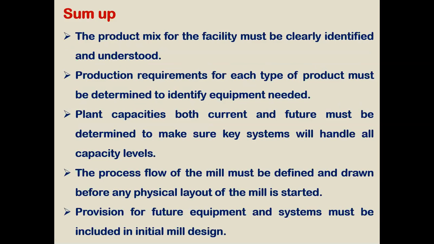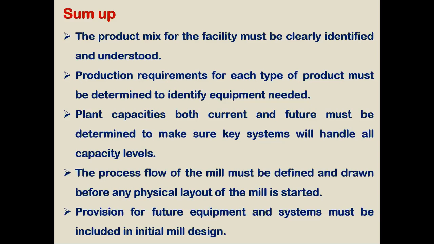So lastly, in this familiarization of the feed mills layout and designing, I would like to sum up the presentation of this particular topic: the product mix for the facility must be clearly identified and understood. We should understand first how the product mixing facility is available in the feed mills, and the production requirement for each type of product must be determined to identify what kind of equipment is needed for a particular type of product.